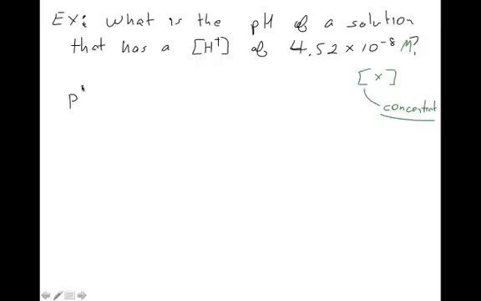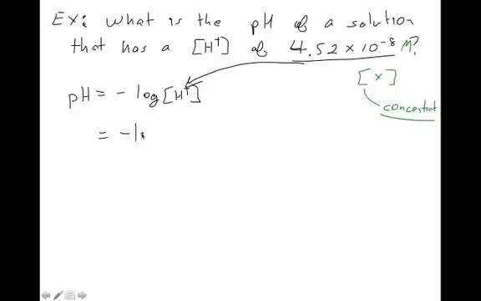Well, we're going to use the pH equation. The pH is equal to the negative log of the hydrogen ion concentration. So all you're going to do is take the concentration that you have here, put it into that spot, and punch it into your calculator. So the pH equals the negative log of 4.52 times 10 to the negative 8.